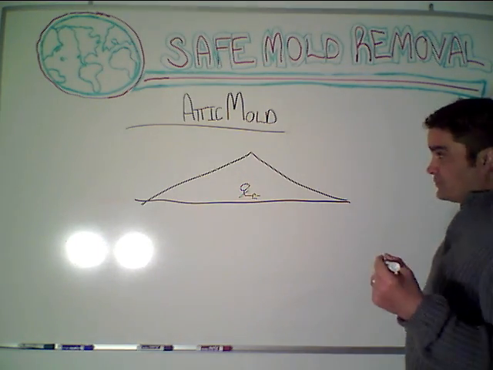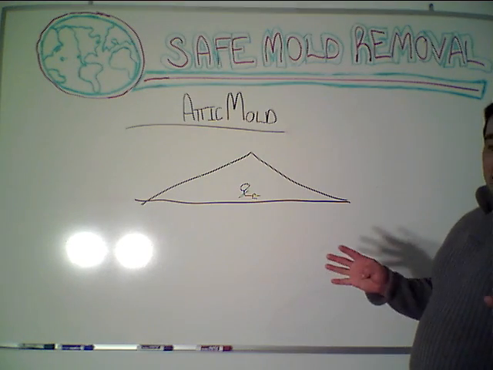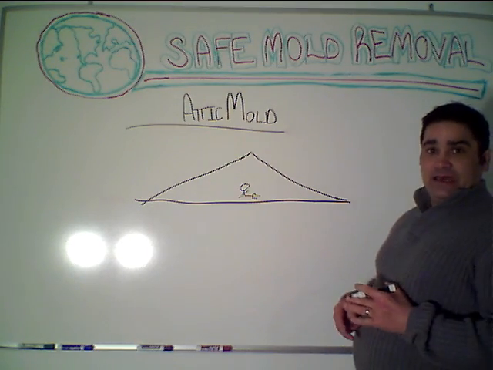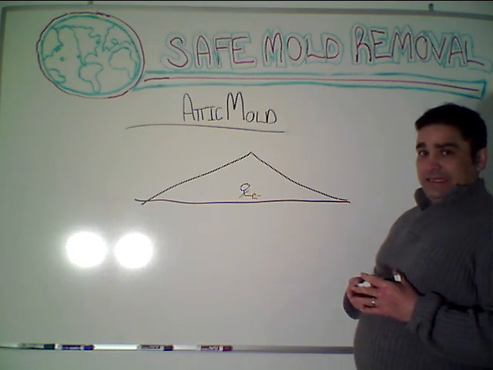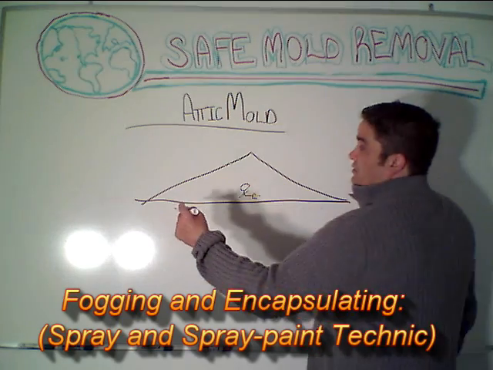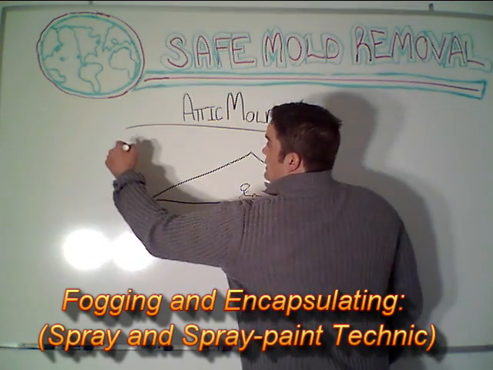Well, there are several basic techniques that are used in this industry. And the first technique is what I like to call the spray and spray paint technique. So we'll go ahead and write that down.